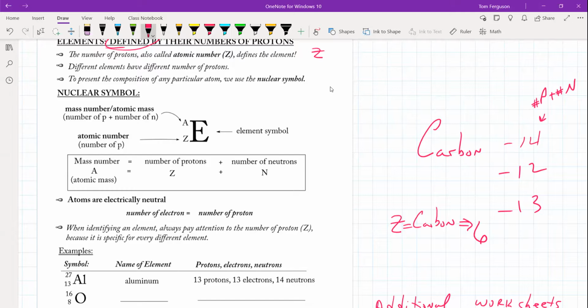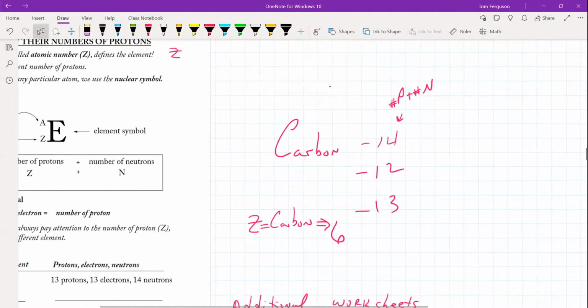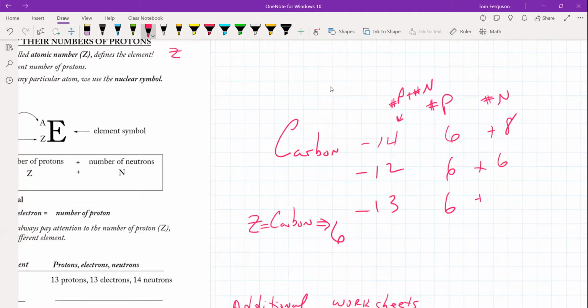That means 6 plus what is 14? So all these are carbon. That means the number of protons has to be 6, no exceptions. And that means the remainder are neutrons. So that means this has 8 neutrons, 6 neutrons, 7 neutrons. They all are carbon.